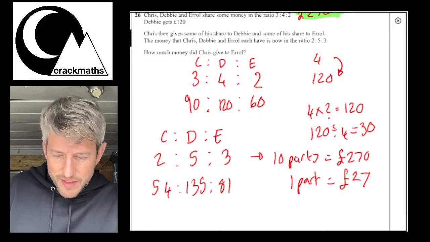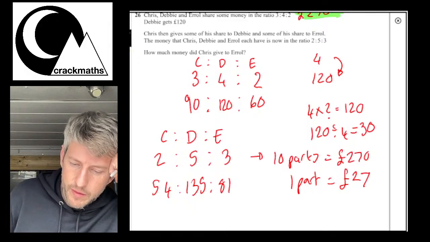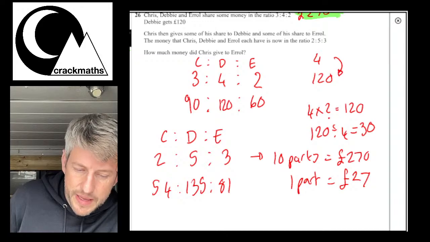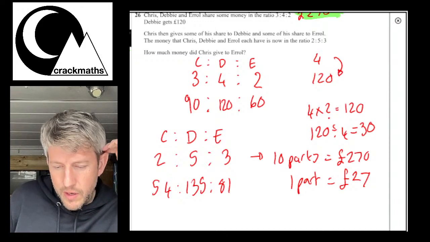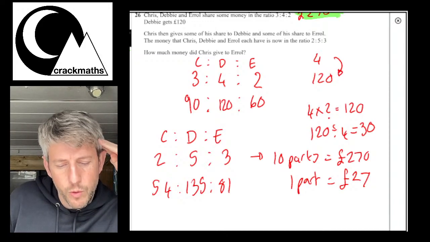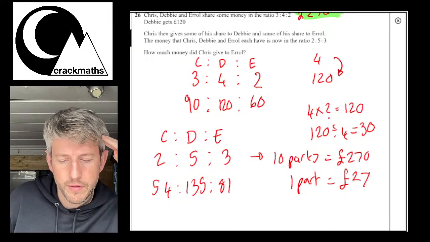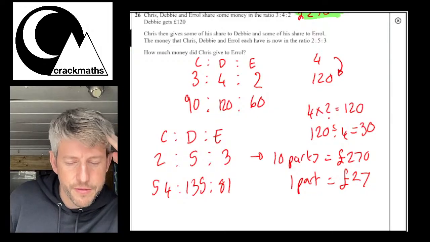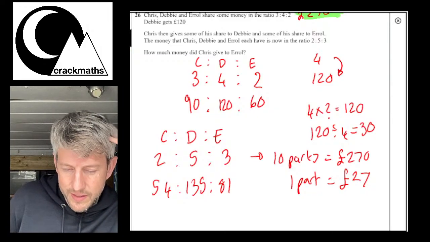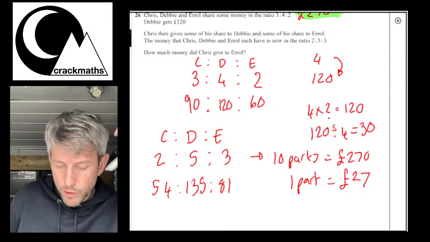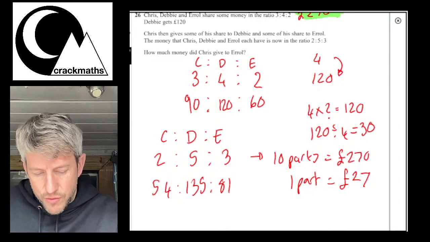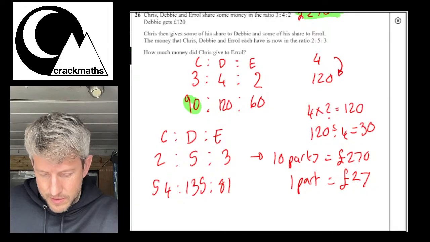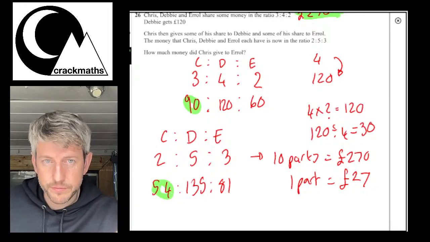Can we now answer the rest of the question? Chris then gives some of his share to Debbie and some of his share to Errol. The money Chris, Debbie and Errol now have is 2 to 5 to 3. How much money did Chris give to Errol? So Chris went from having £90 to having £54.